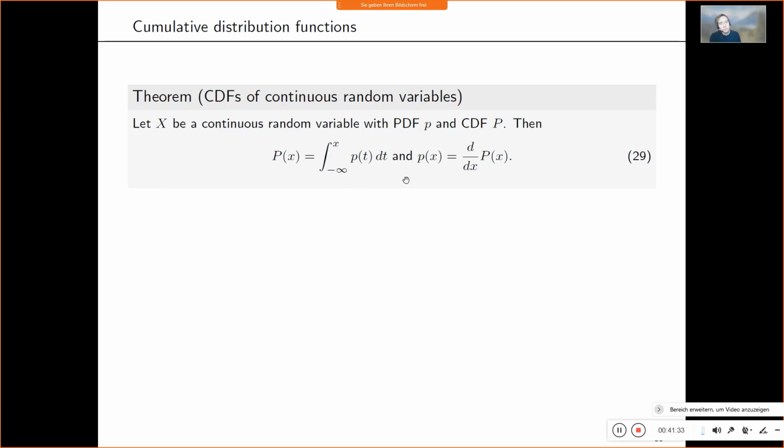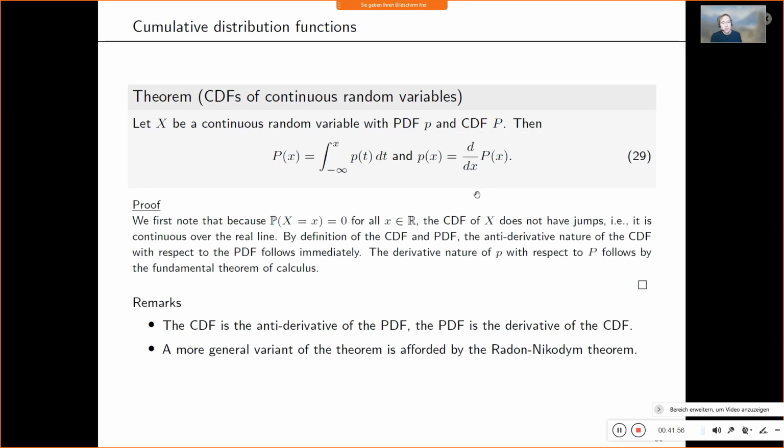However, this formula, if you are familiar with indefinite integrals from calculus, is of course basically a representation of the relationship between antiderivatives and derivatives. So from this it follows immediately that the PDF is actually the derivative of the CDF.